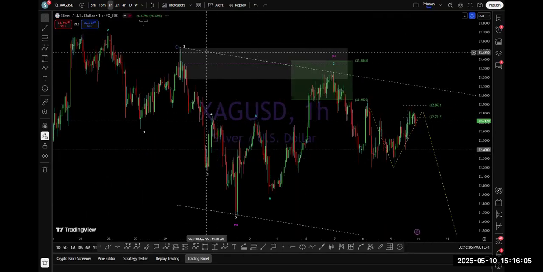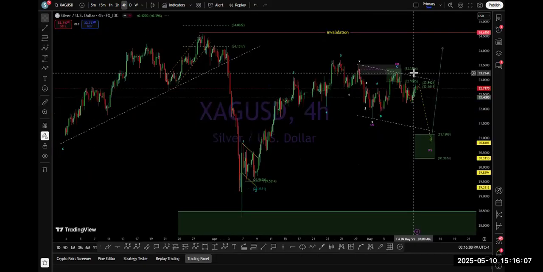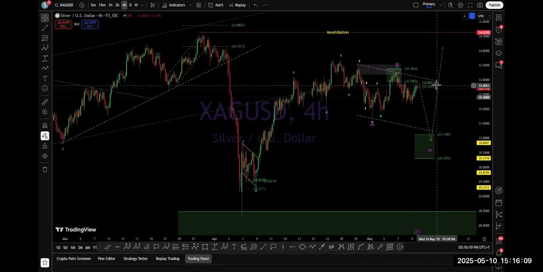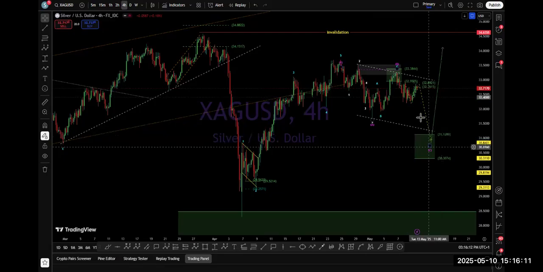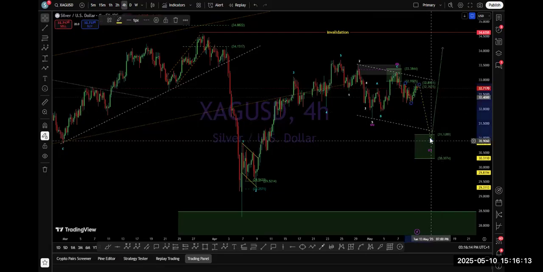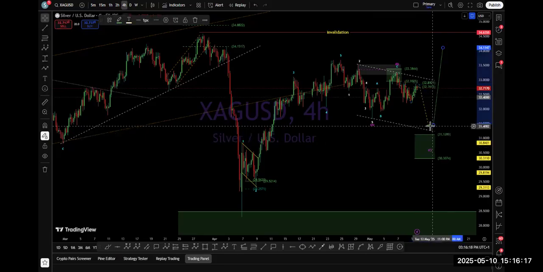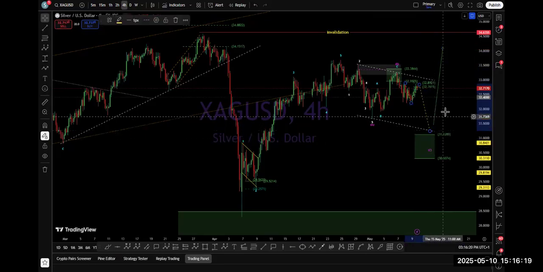Silver looks as if it will surely drop. Okay. Remember, market can abandon any structure.